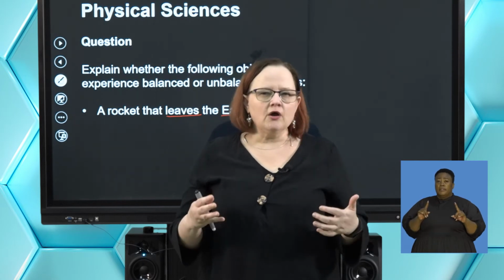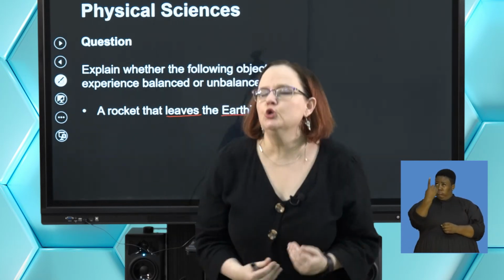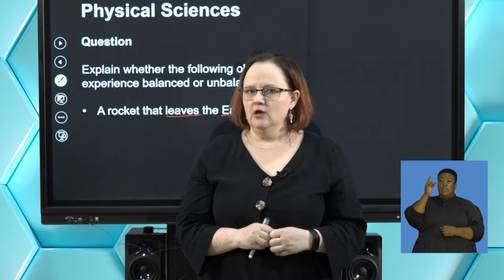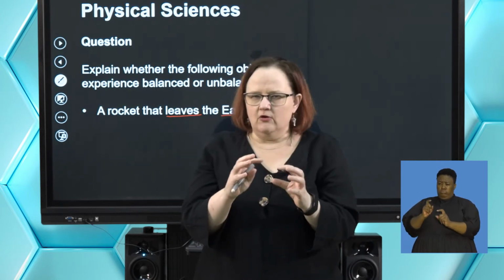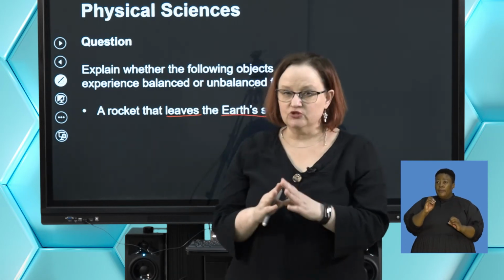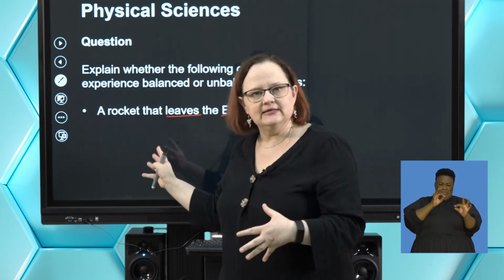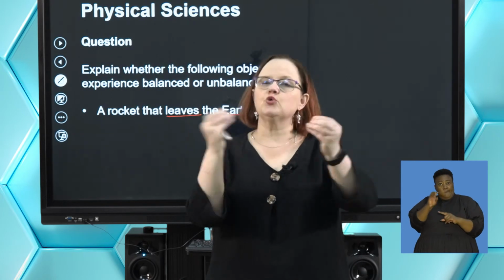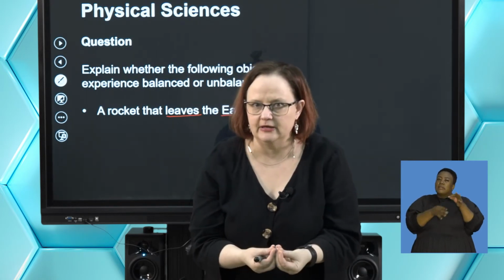But with rockets, they will absolutely be accelerating. So this one's a little bit of a gray area question, and exams are definitely more specific. But I've put it in here deliberately so we can talk through what could possibly be happening.